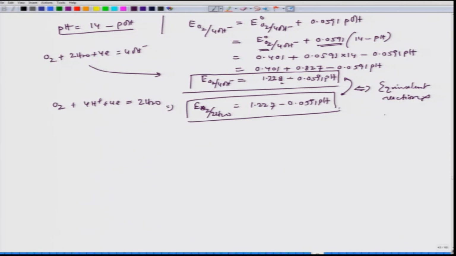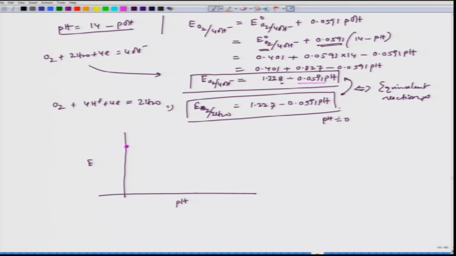For example, let us say I would like to plot them on pH versus E, the potential or the reduction potential. Now, when pH is equal to 0, both the potentials are almost on the same point. This is this and this is this. Both are on the same point, and the slope of the reaction is minus 0.0591.